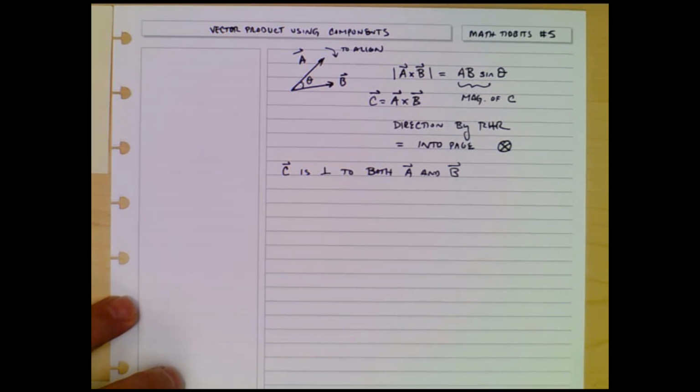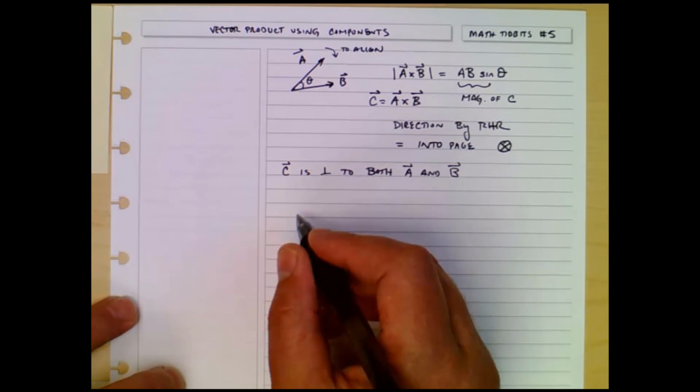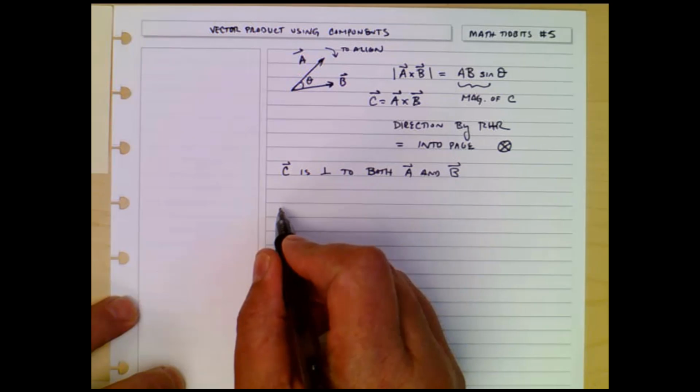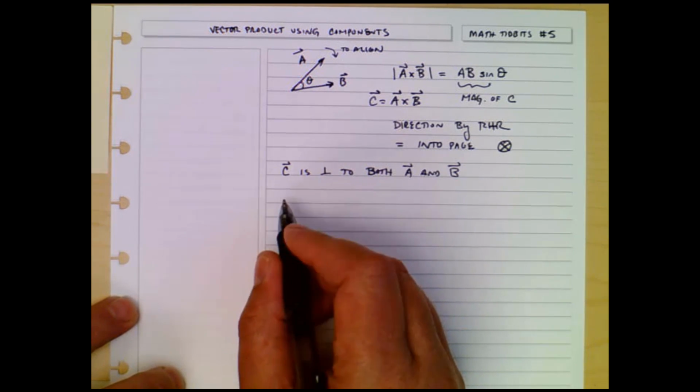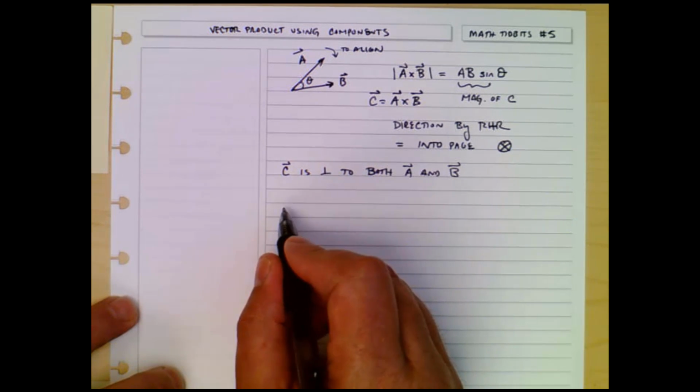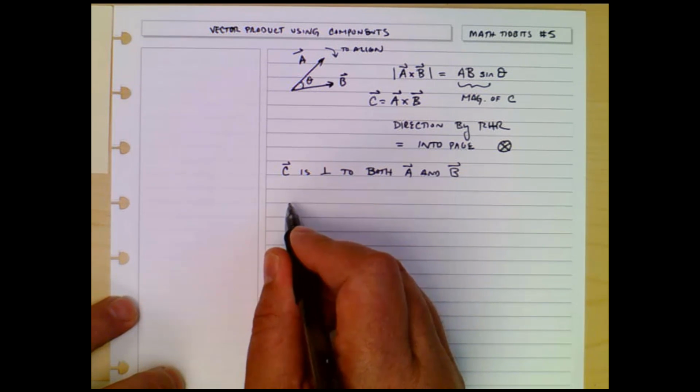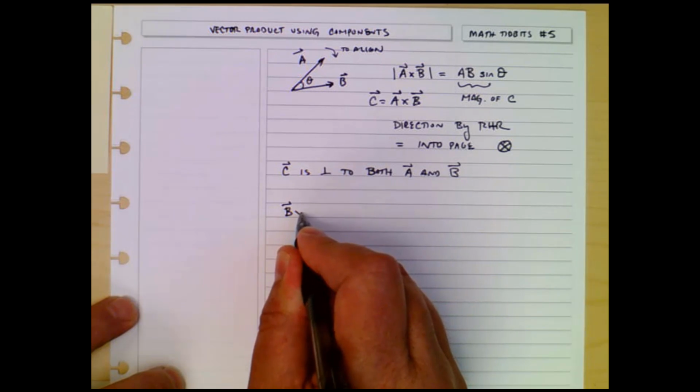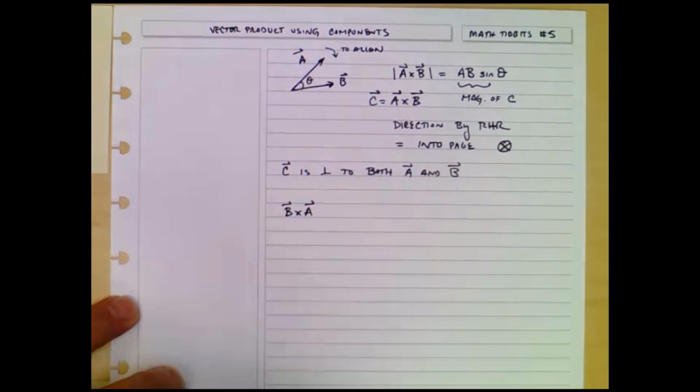All right. So one final thing also is to note, and this is again something which you might have inferred from the previous discussion, but not gotten directly, is that B cross A. If I do B cross A, it's going to have the same magnitude, right? It'll be AB sine theta, or BA sine theta, take your pick.